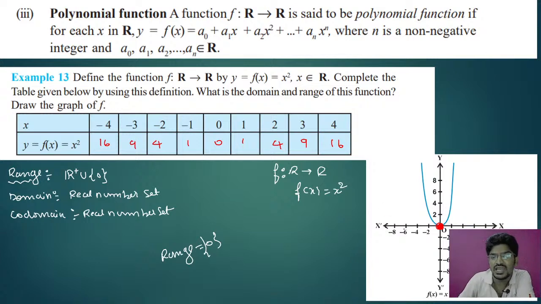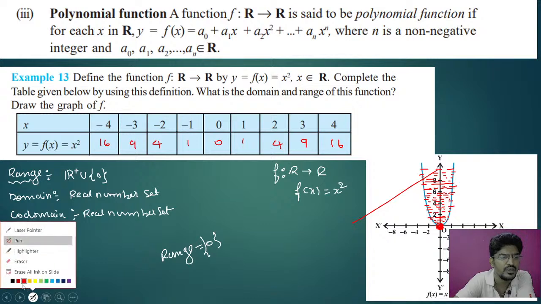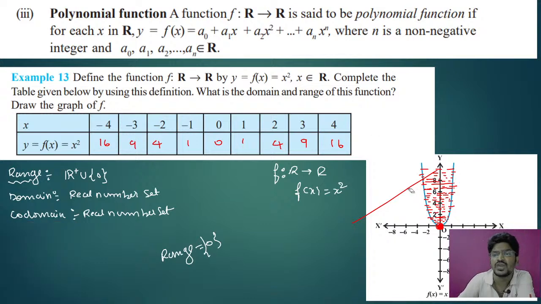So the collection of images will be on which axis? The y-axis. Every point of the y-axis has an image, so that's why the curve is possible. You can take any point on the y-axis, and there is a graph for it.